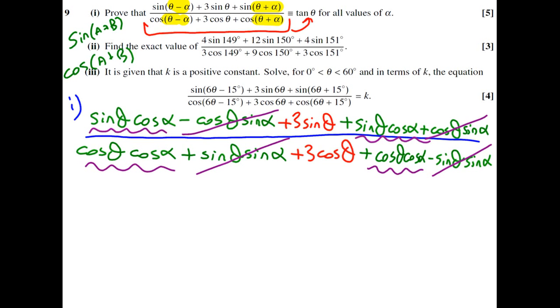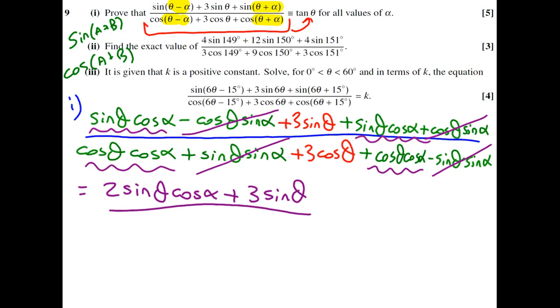Okay, so that means that when we simplify, we get on the top 2 sine theta cos alpha add 3 sine theta, and on the bottom we get 2 cos theta cos alpha plus 3 cos theta.